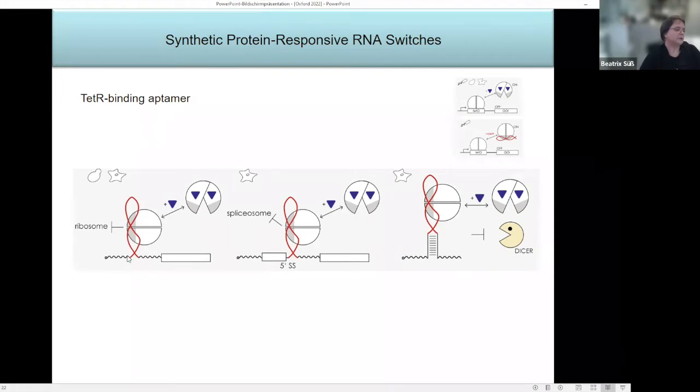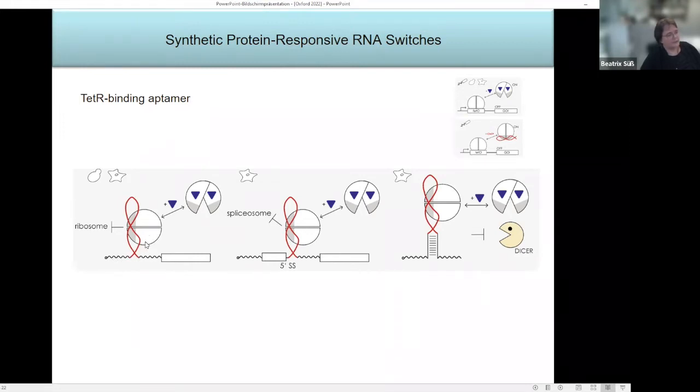You can think about inserting this aptamer in the untranslated region of a messenger RNA of your gene of interest. And then if the protein binds, it's kind of a roadblock, and the ribosome, which recognizes here the cap structure and then normally scans through this 5' UTR.